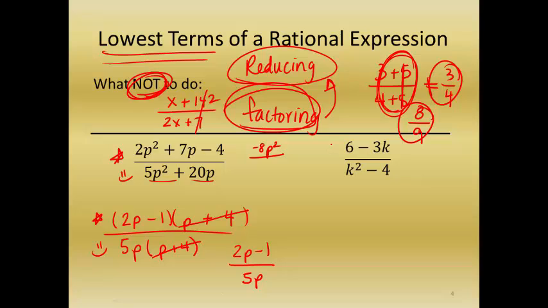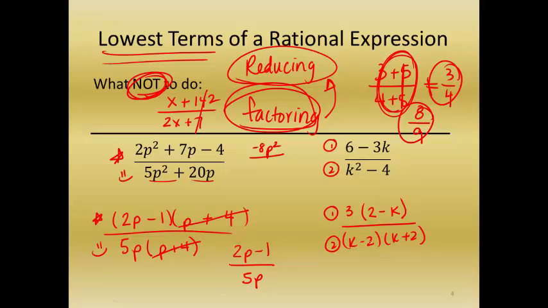I'm going to go ahead and factor the numerator, and I'm going to factor out a GCF of 3, leaving behind a 2 minus k. In the denominator, I'm going to factor a k minus 2 and a k plus 2 because that's a difference of perfect squares. And you might think, well, that 2 minus k and that k minus 2 are exactly the same, but they are not.